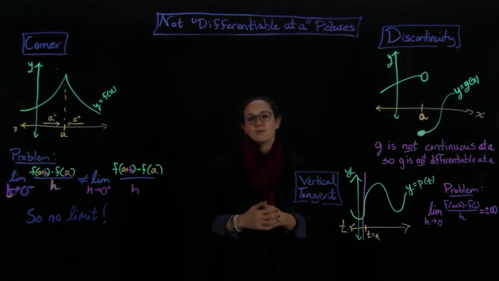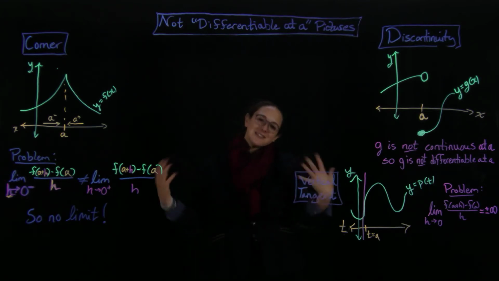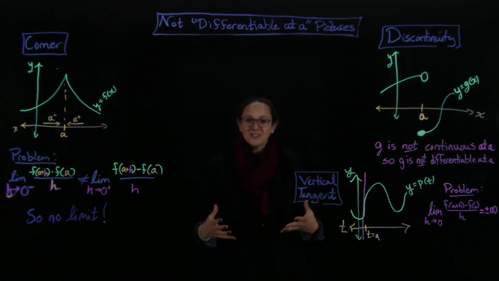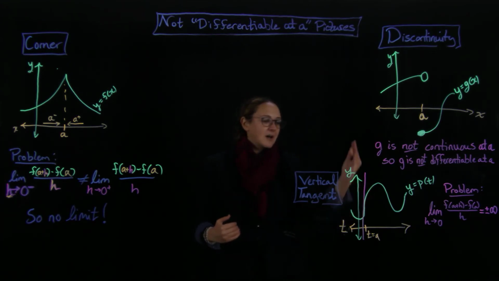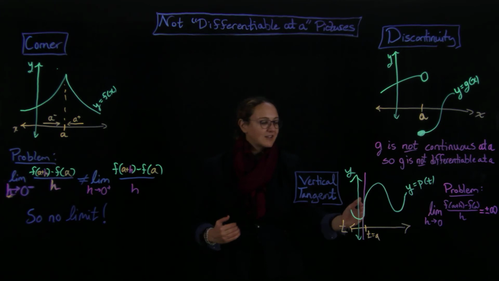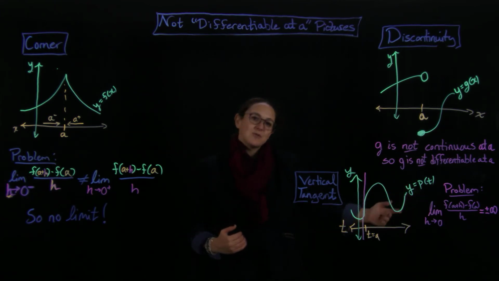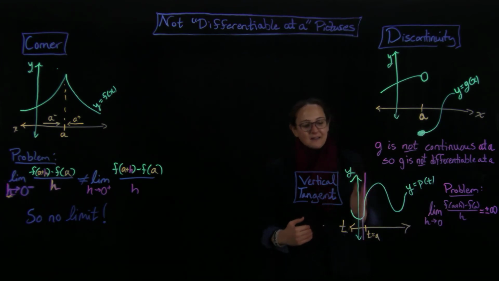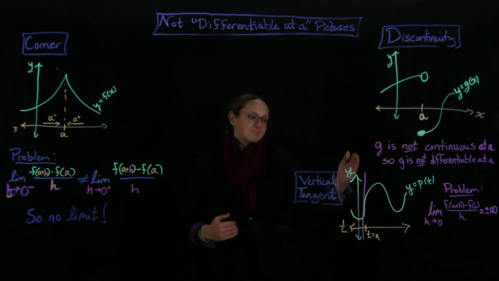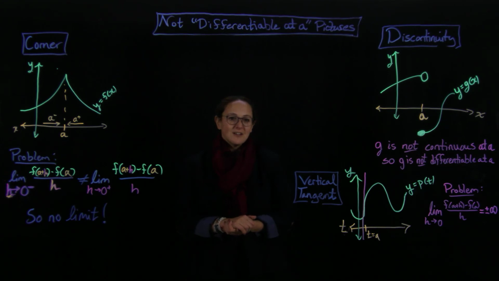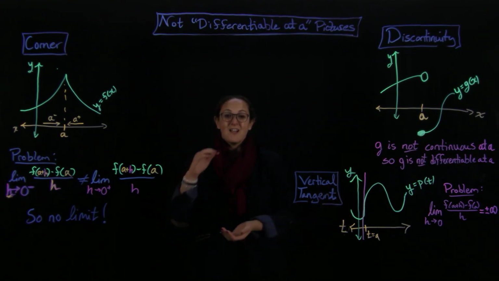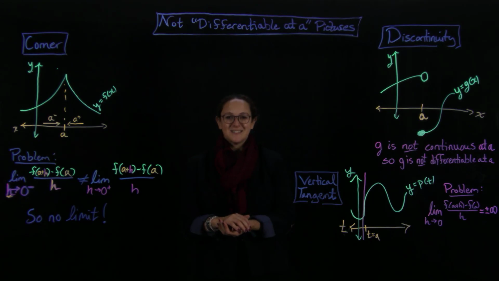And the last one is having a vertical tangent, an up and down tangent line, which is the same as saying that the limit we use to compute the derivative is infinite. Then you don't have a derivative. Hope that made some sense, and I'll see you in the next lecture.